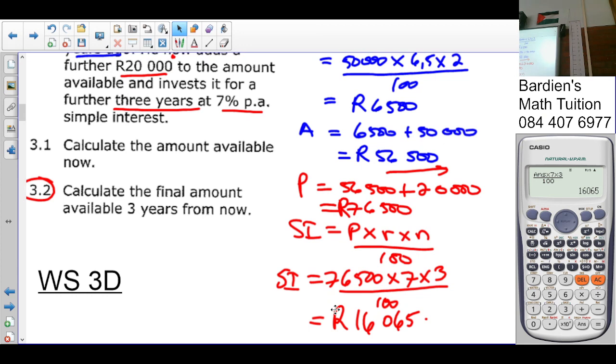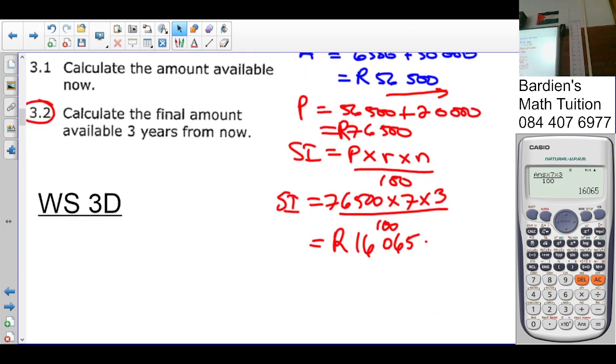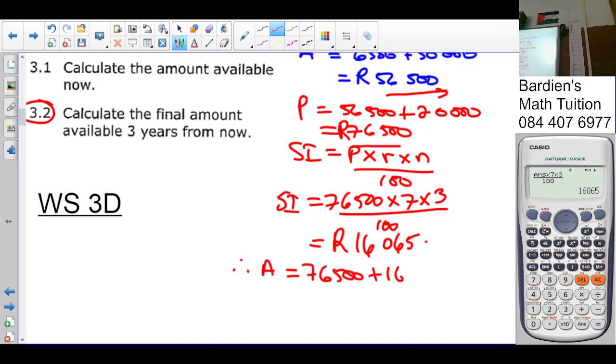You must add it to what amount? It must be added to the 76,500. So therefore the final amount is 76,500 plus 16,065 rand, which gives you 92,565 rand.